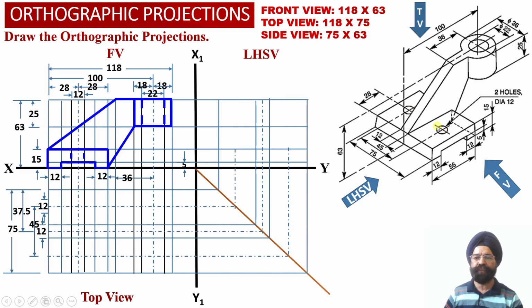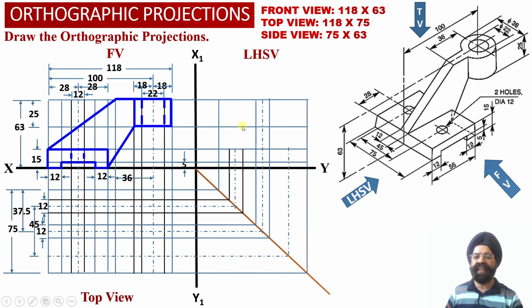So from this center line, we take 6 millimeter offset toward the rear side and 6 millimeter offset towards the front side, and two horizontal black projector lines corresponding to the circular hole have been located into the top view projections. And using this transfer line, these two black projector lines corresponding to these two endpoints of the circular hole have been appropriately transferred into the left hand side view projections over here.